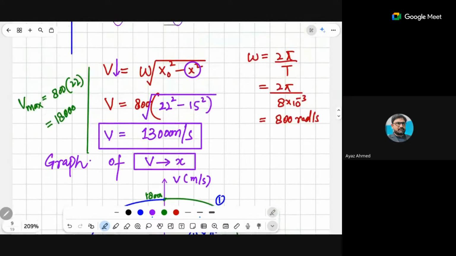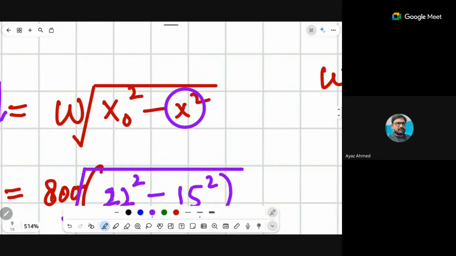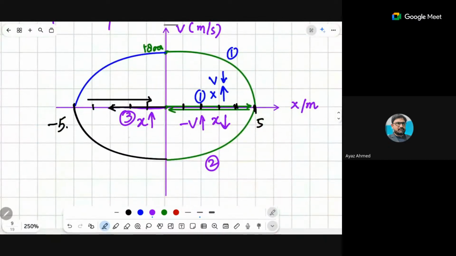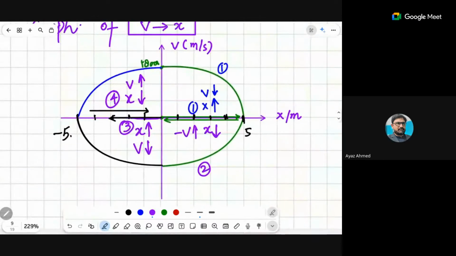Now the square of a negative does not make it different. The square of a negative is actually positive. So again the velocity will decrease to zero. For the fourth stage, X is decreasing back, whereas your velocity will increase back but opposite in direction. So this is how your velocity and position graph works. Is this clear to everyone?